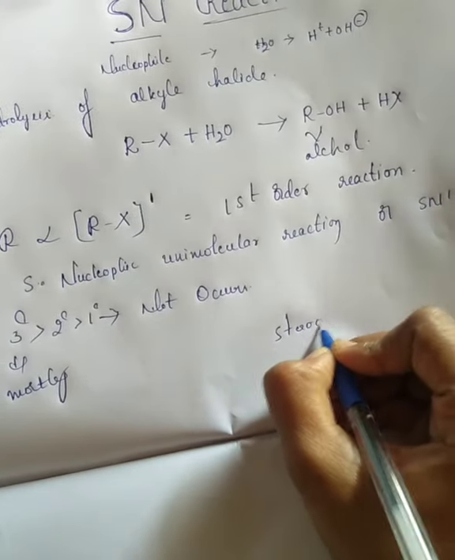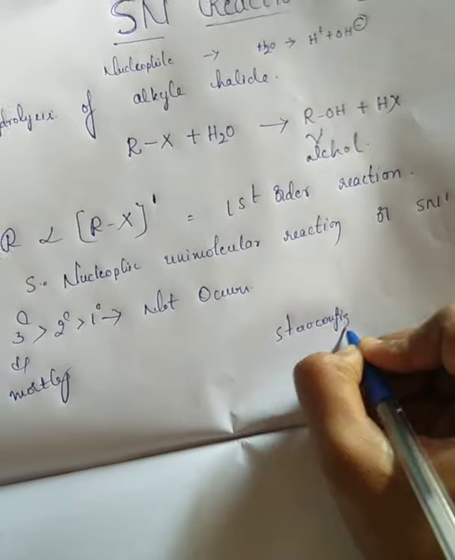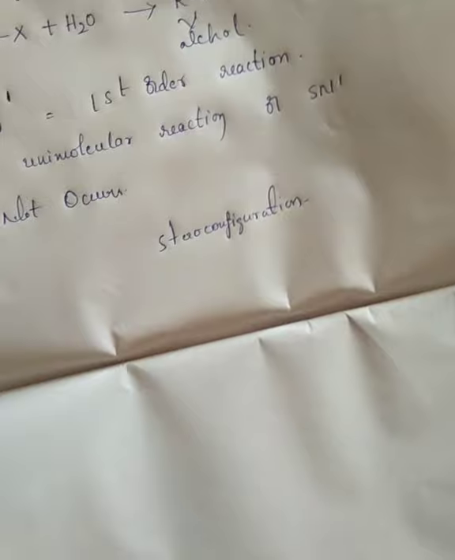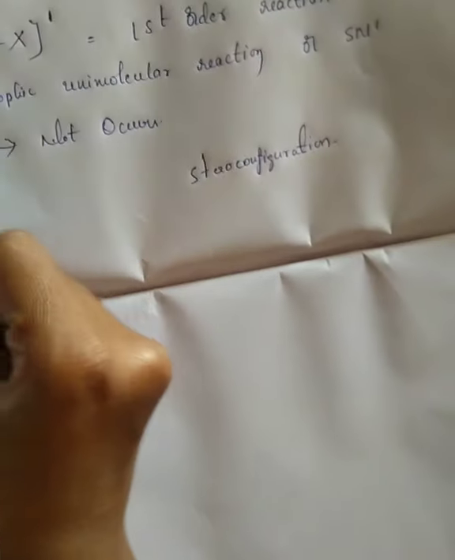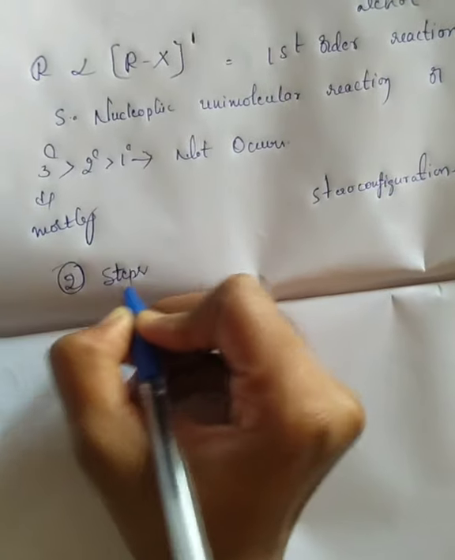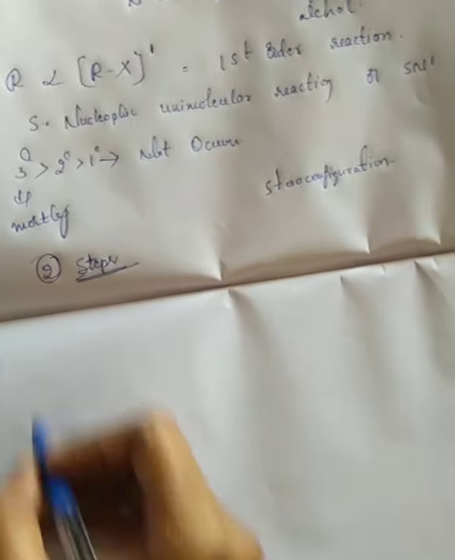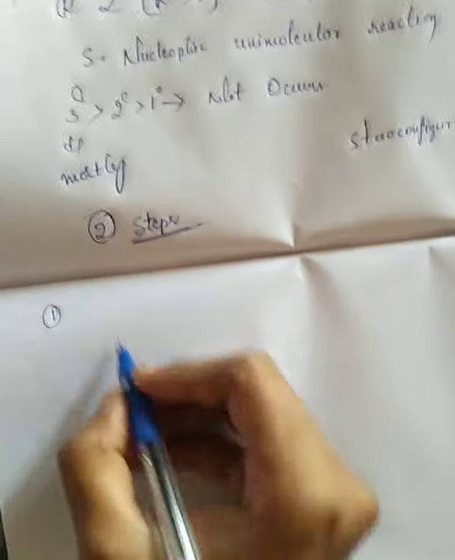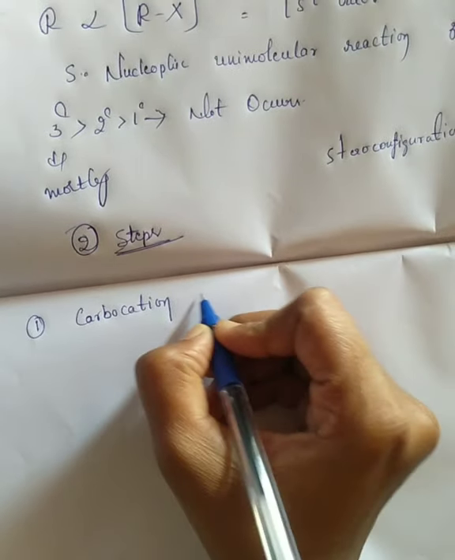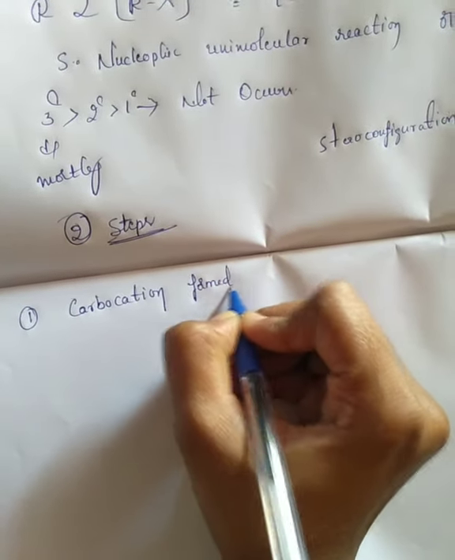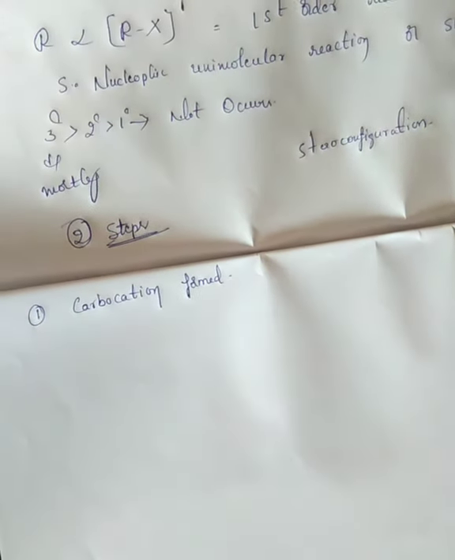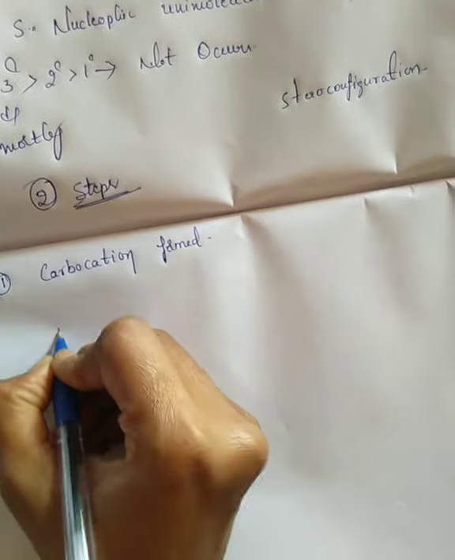In the first step, the alkyl groups are attached to a tertiary carbon atom. As we know, it was explained by stereo configuration. In the first step, a carbocation will be formed because the nucleophile cannot attack on both the front and back side.